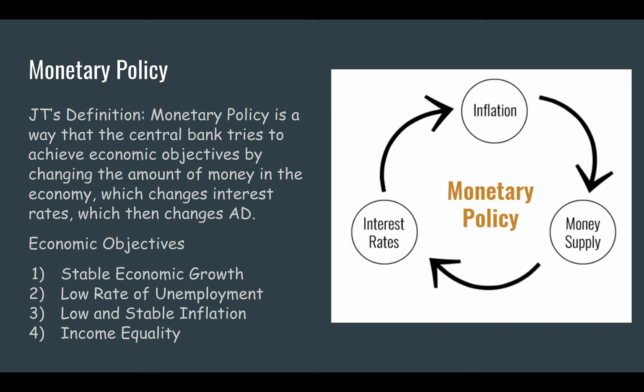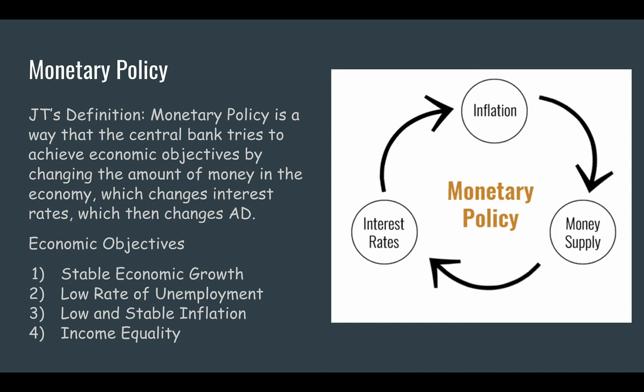Low rate of unemployment. What would they have to do if unemployment was too high? Well, they'd want to stimulate aggregate demand. Low and stable inflation. If inflation is too high, they may wish to reduce aggregate demand. If inflation is too low, they may wish to cause some inflation and as such stimulate aggregate demand. And always to reduce income inequality, to increase income equality.